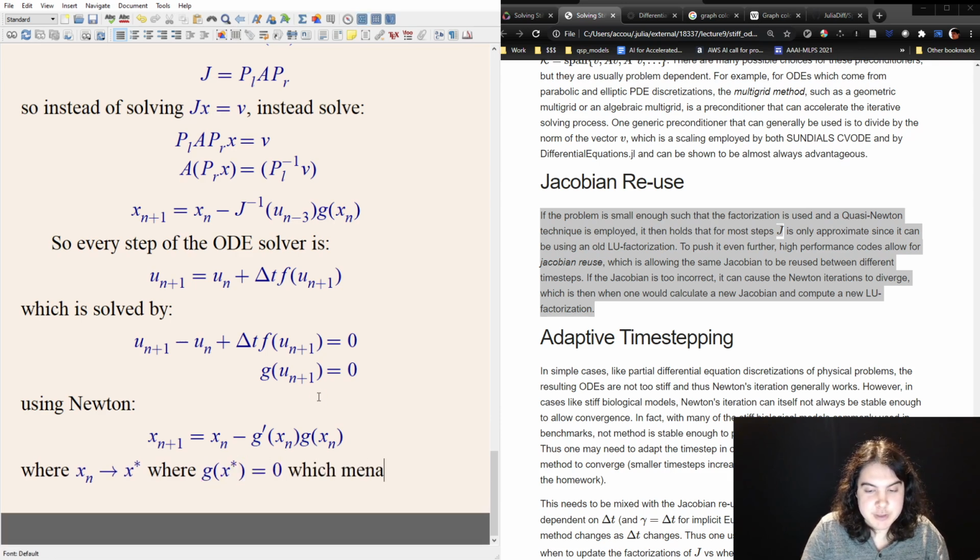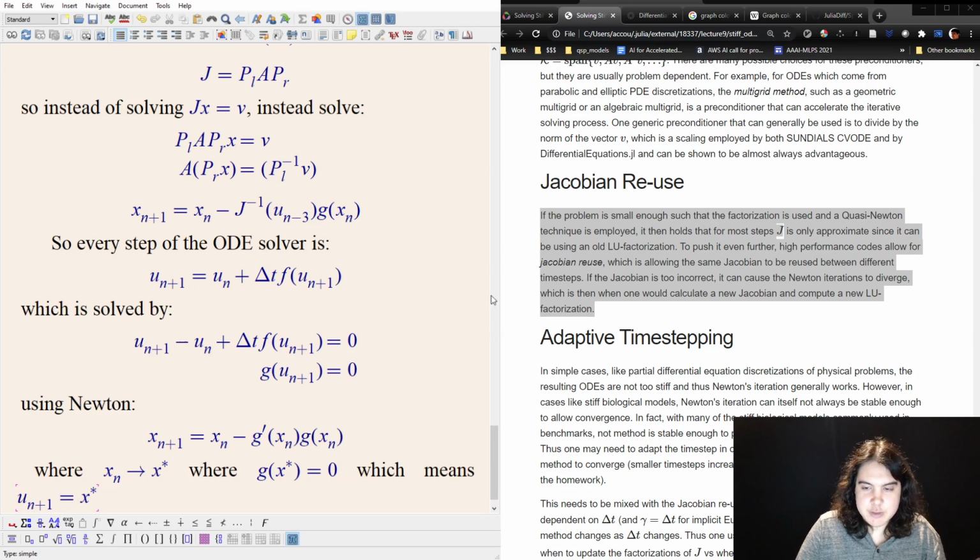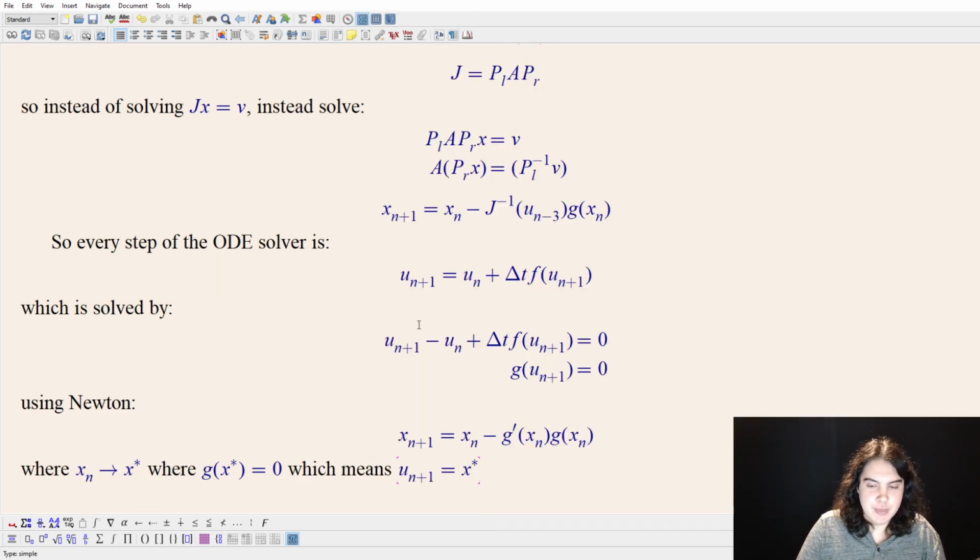This means that what we want to use for u_{n+1}, the next step of our ODE solver, is the solution that Newton's method converges to. That's how these two things come together.